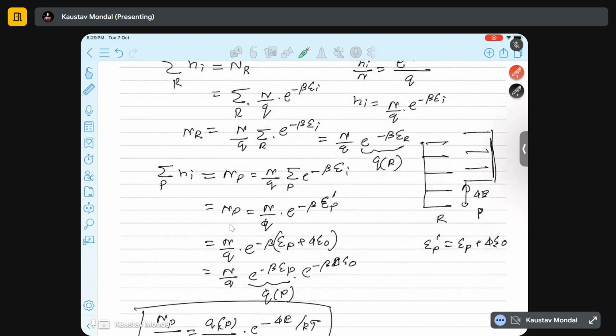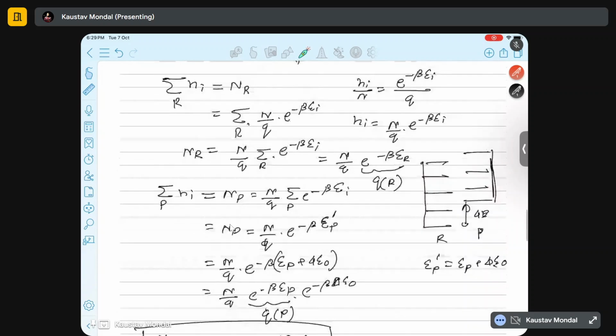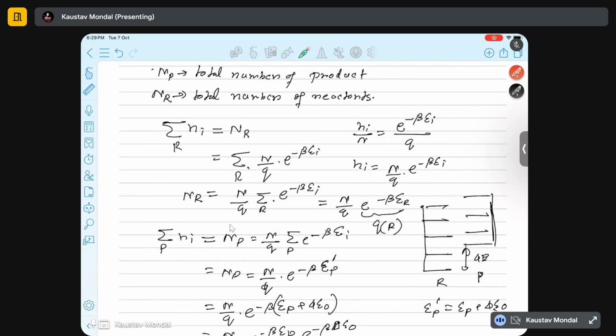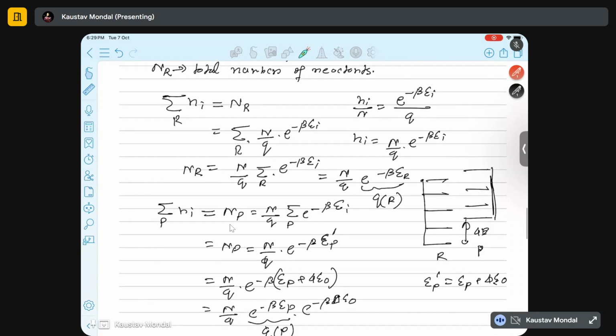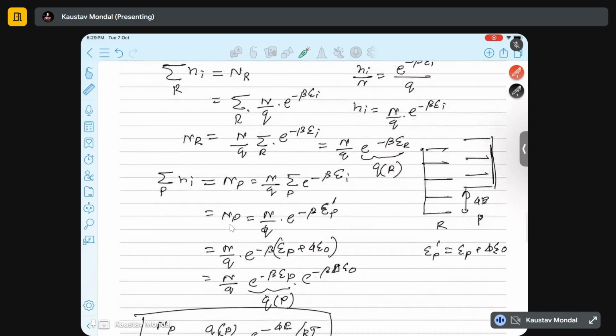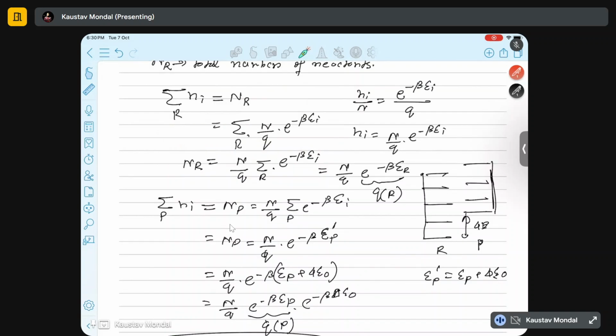First, we know that the molecules are in equilibrium. These molecules are all distributed using the Boltzmann relation among the accessible states. So here we have used the Boltzmann distribution function. NR is the total number of reactant molecules, and the expression looks like this.